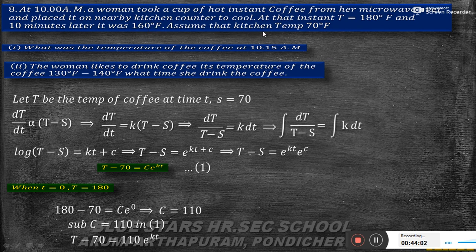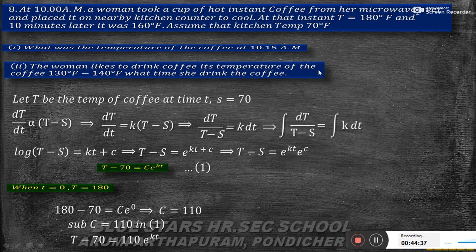Assume the kitchen temperature is 70 degrees Fahrenheit. Next, what was the temperature of the coffee at 10:15 a.m.? Second subdivision: the woman likes to drink coffee when the temperature is between 130 and 140 degrees Fahrenheit. What time has she drunk the coffee?